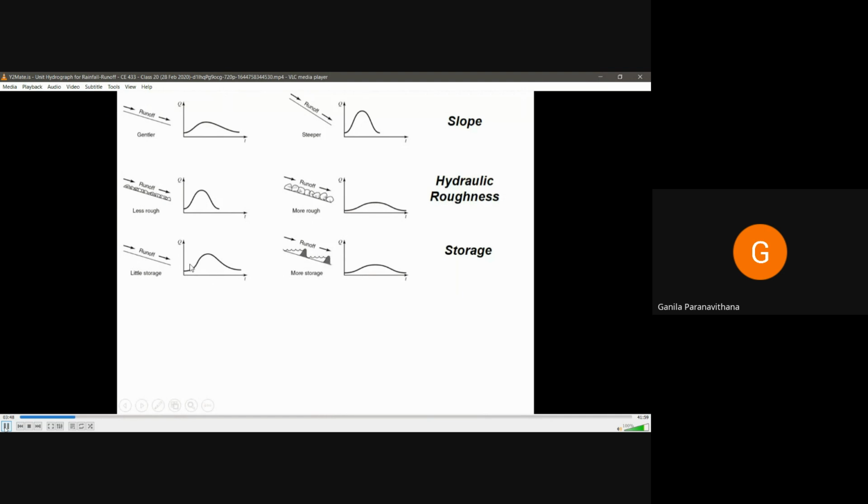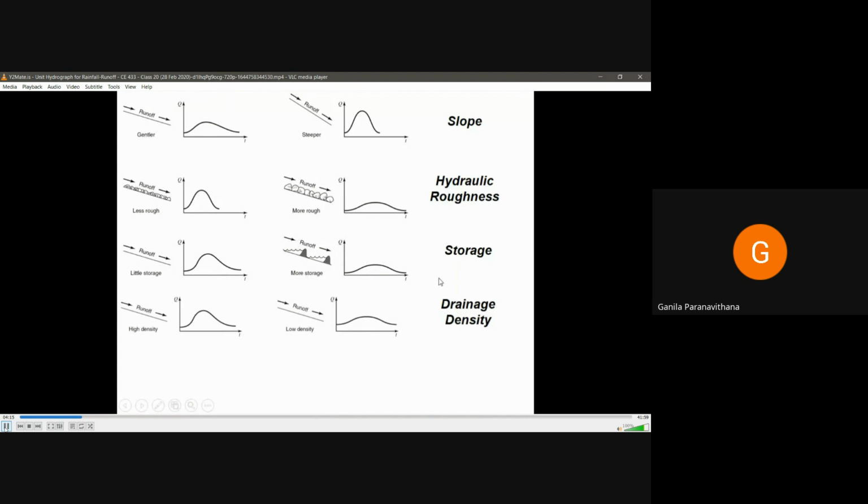If there's little storage, then the peak is faster and higher compared to if each of these little pools, in a way, are kind of like detention ponds inside of the stream that have to be filled up before the flow occurs. And so this would be more akin to an engineered structure, an engineered channel, whereas this would be a more natural structure or channel that hasn't been affected by human development.